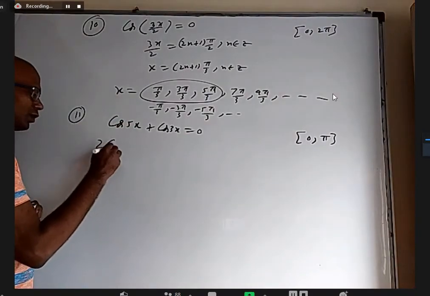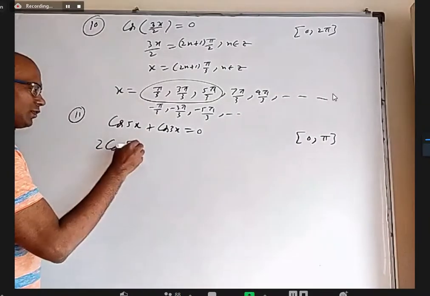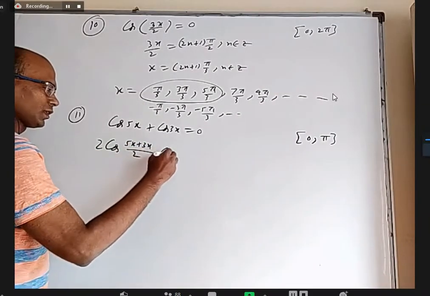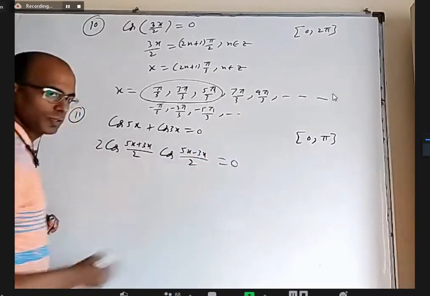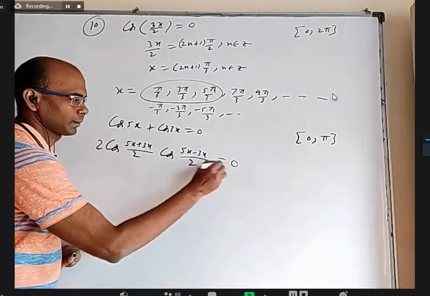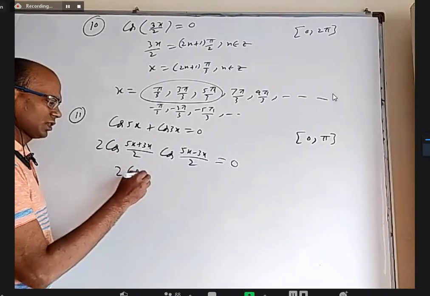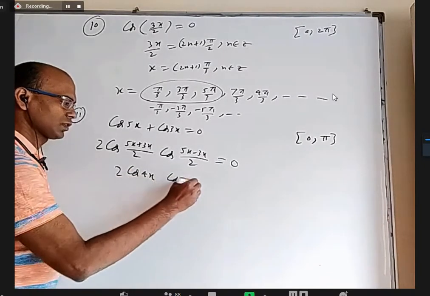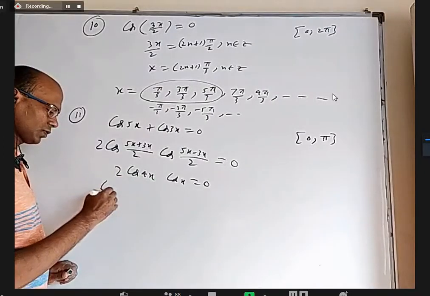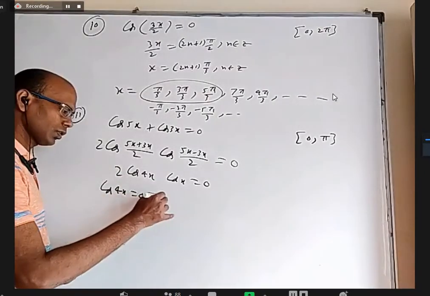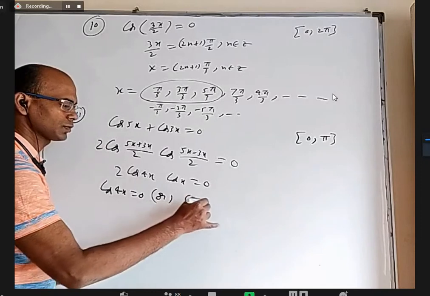So 2 cos (5x plus 3x) by 2, cos (5x minus 3x) by 2 equal to 0. 2 cos 4x and cos x equal to 0. When the product of two things is 0, this is 0 or this is 0. So cos 4x equal to 0 or cos x equal to 0.